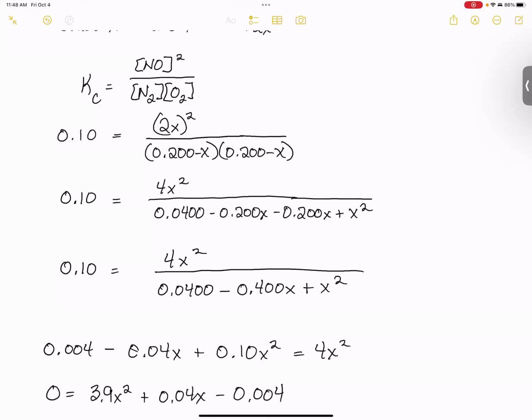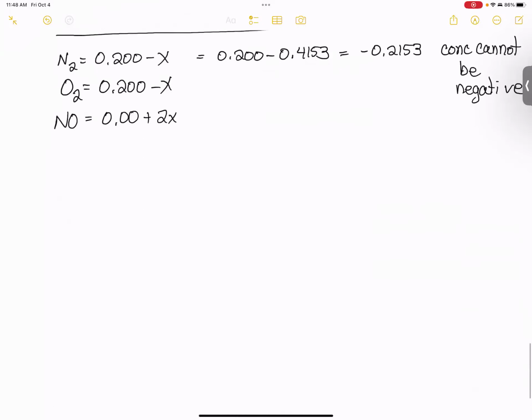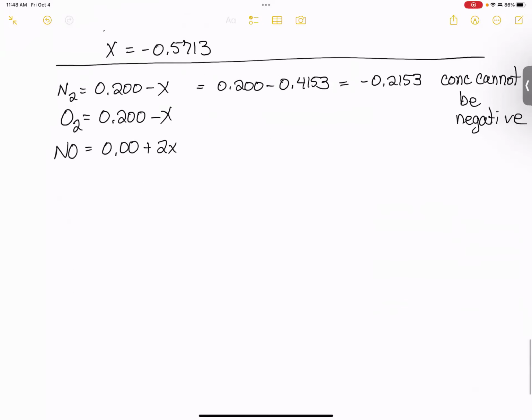If I did this correctly, this would wind up with a negative answer, and you can't have a negative concentration ever. So I have a mistake somewhere. But I know my mistake is in the quadratic equation. I've got to program the quadratic equation where I slow down.